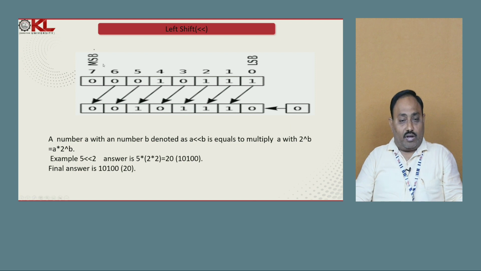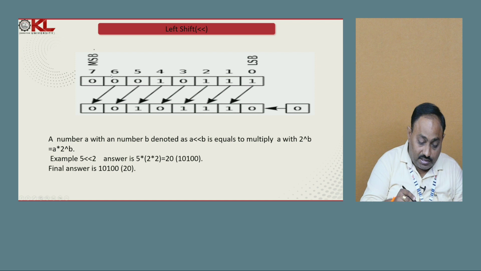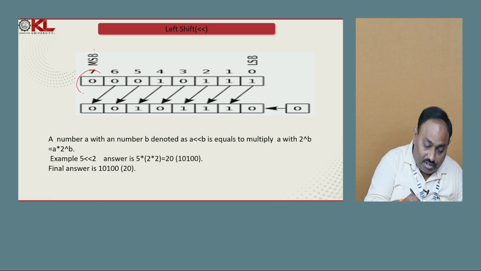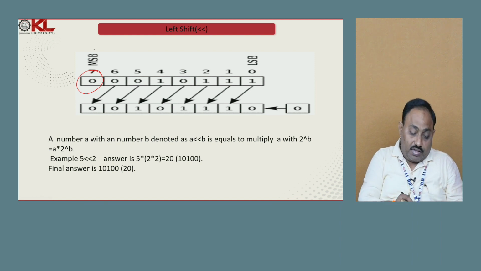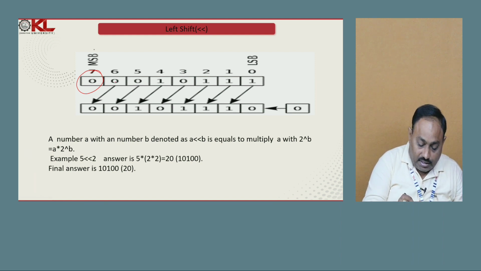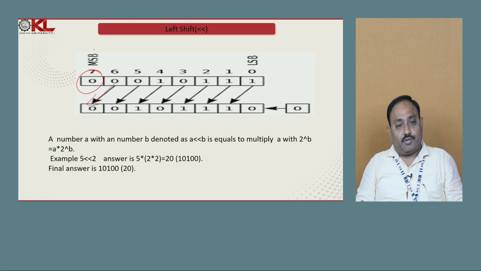So this is a left shift operation. Whenever you want to perform the left shift operation, the most significant bit will be moved and truncated, and now the 6th bit becomes the 7th bit, the 5th bit becomes the 6th bit, like that it moves.